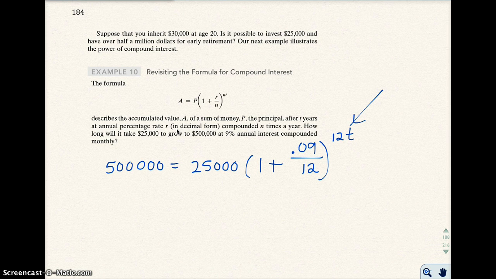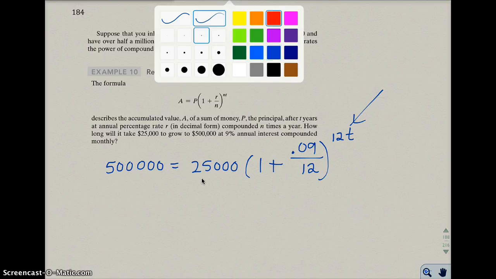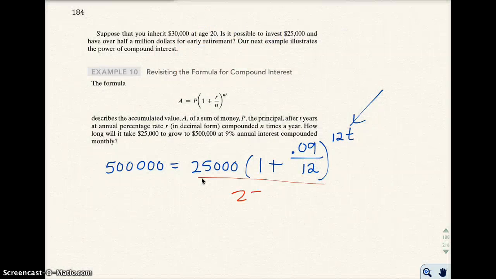Okay, well, my exponential expression is right here. I need to get rid of this $25,000, so I'm going to divide both sides by 25,000. So 500,000 divided by 25,000 is going to be 20.